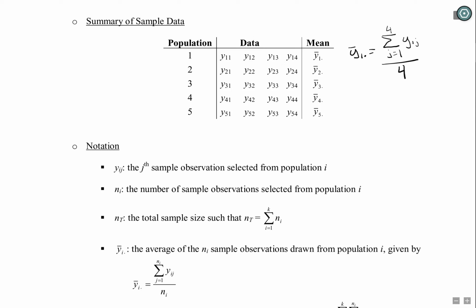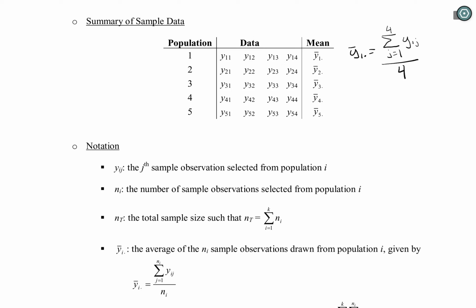Notice the second subscript with this y1 is a dot, and that dot is a reference that we basically summed over j, and that's what we've done here. Okay. So, a little more notation. Some of this is implicit, but Yij again is the jth sample observation from population i.